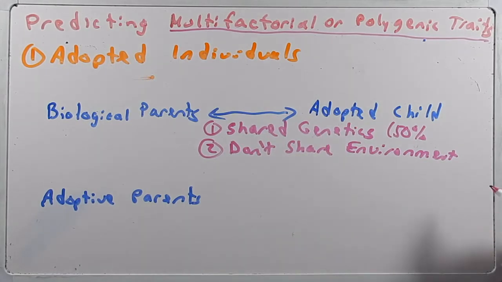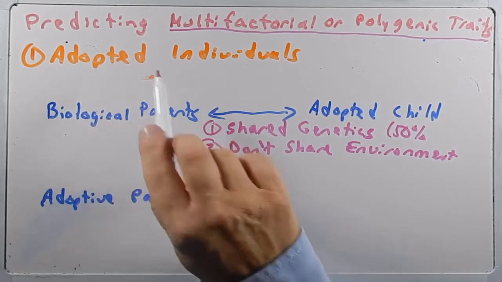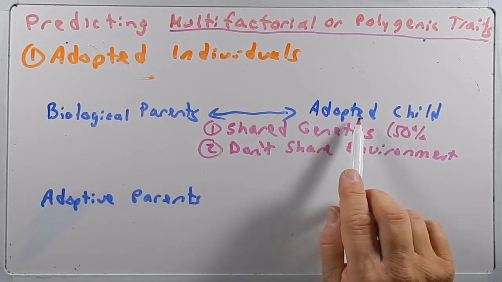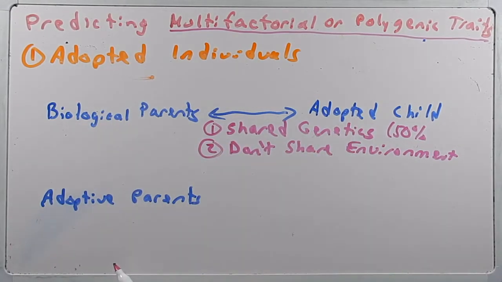And I should have said this at the beginning. For the purposes of our discussion, we're going to assume that the child that was placed for adoption was adopted by parents who are not related. I know sometimes grandparents and uncles and aunts adopt children, but these studies are really looking at unrelated individuals as the adoptive parents.